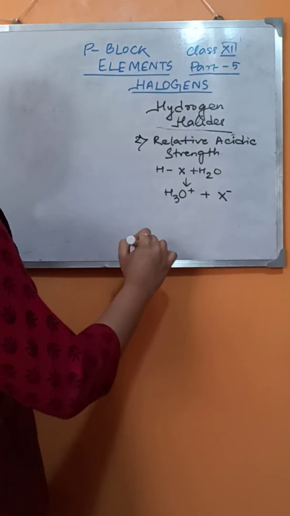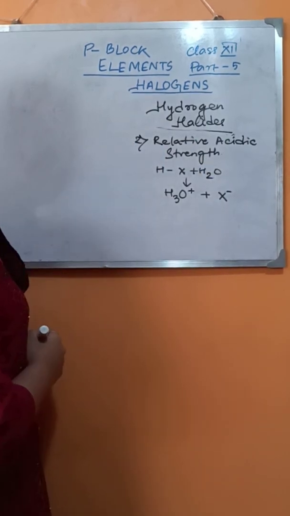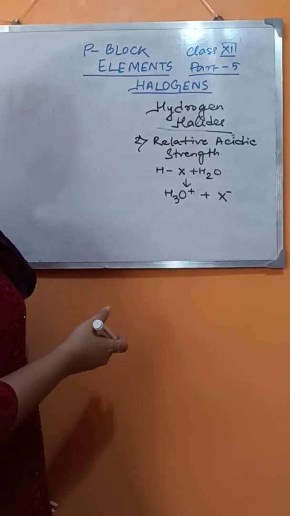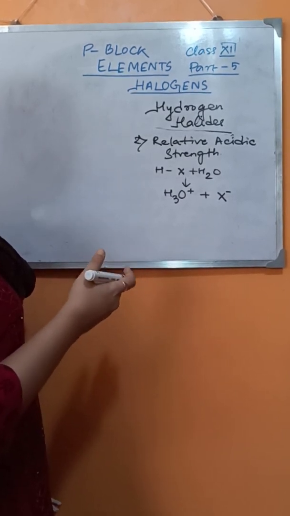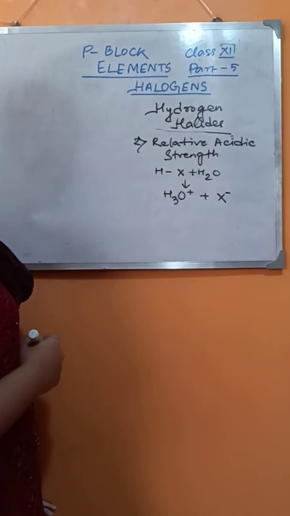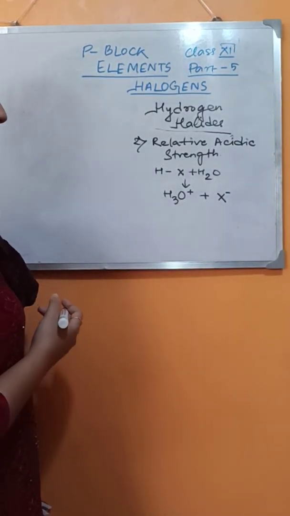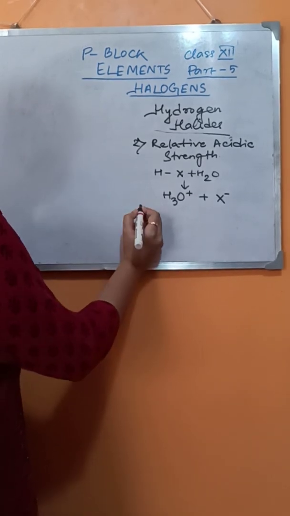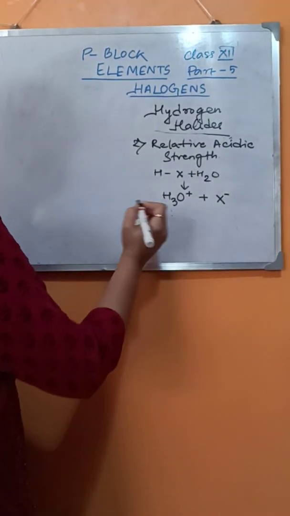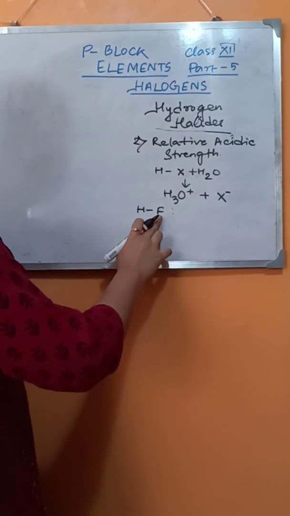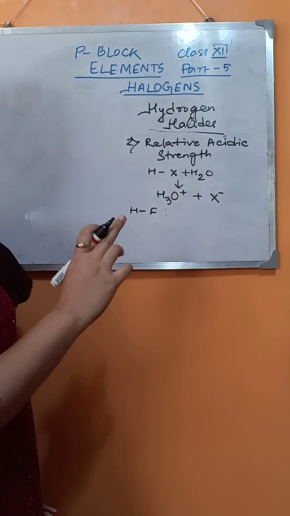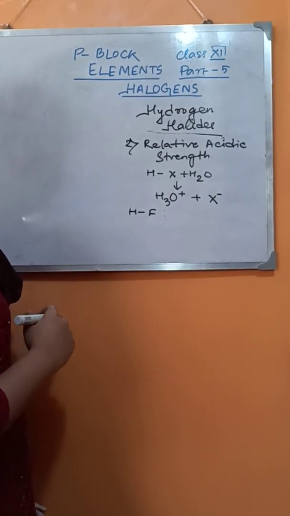Okay, now before this I have shown you the polarity order. You can say that since HF is most polar, the acid strength can be the same as the polarity order. But here the case is different. Fluorine's size is the smallest and iodine's size is the largest.